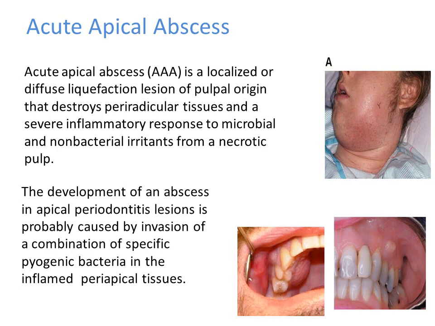Now, for apical abscess, acute apical abscess, it is a localized diffuse liquefaction lesion of pulpal origin that destroys the periradicular tissue and causes a severe inflammatory response to the microbial and non-bacterial irritants from the necrotic pulp.